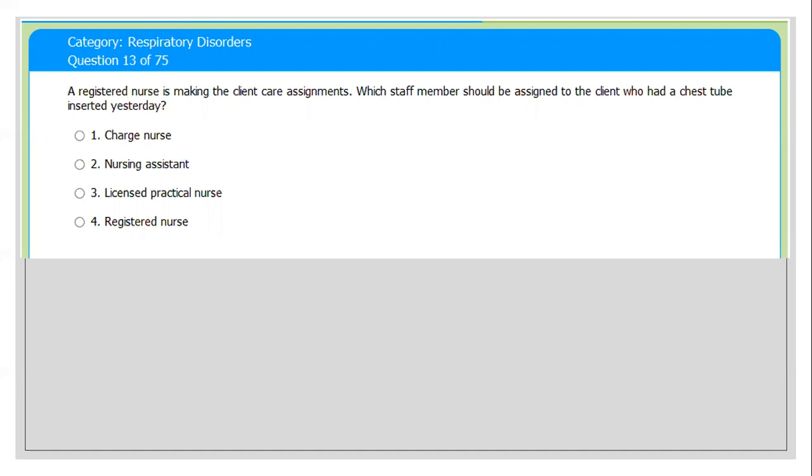So if I ask you who assesses the patient, who evaluates the patient, definitely your answer would be the RN.